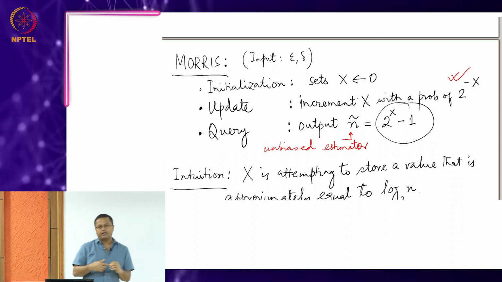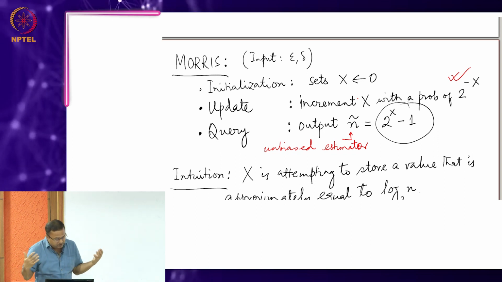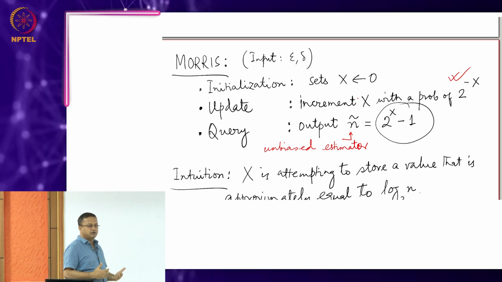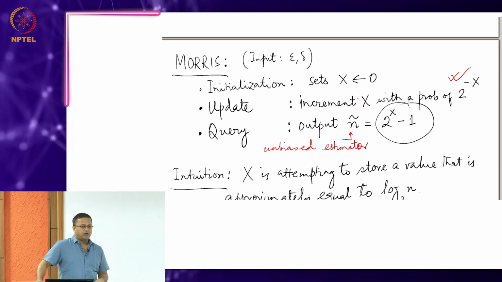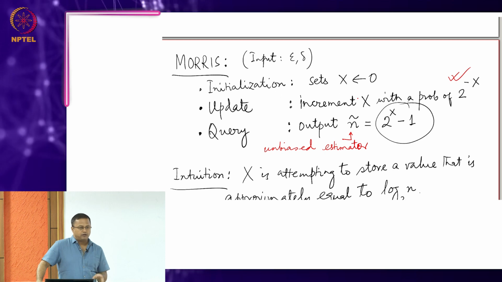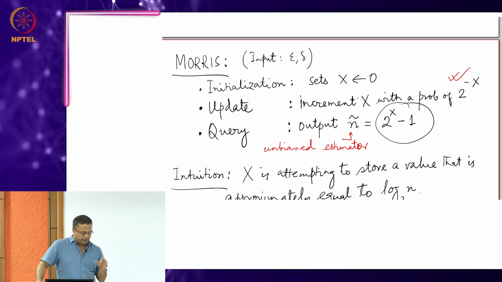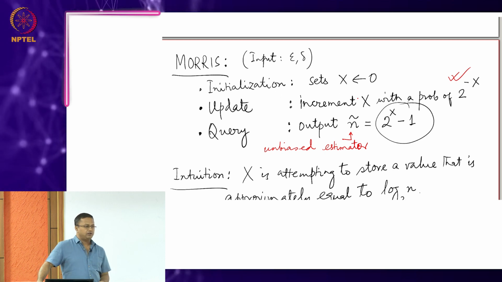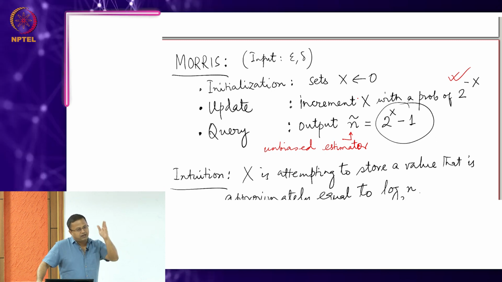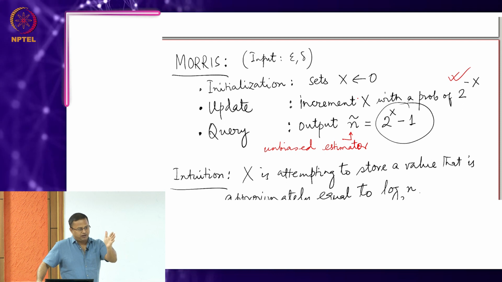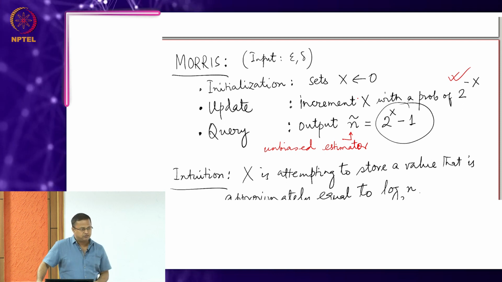Now, why do I need an unbiased estimator, or why am I proving concentration results around this? See, I want whatever answer my algorithm is giving to be exactly equal to the number of elements that it is supposed to count.